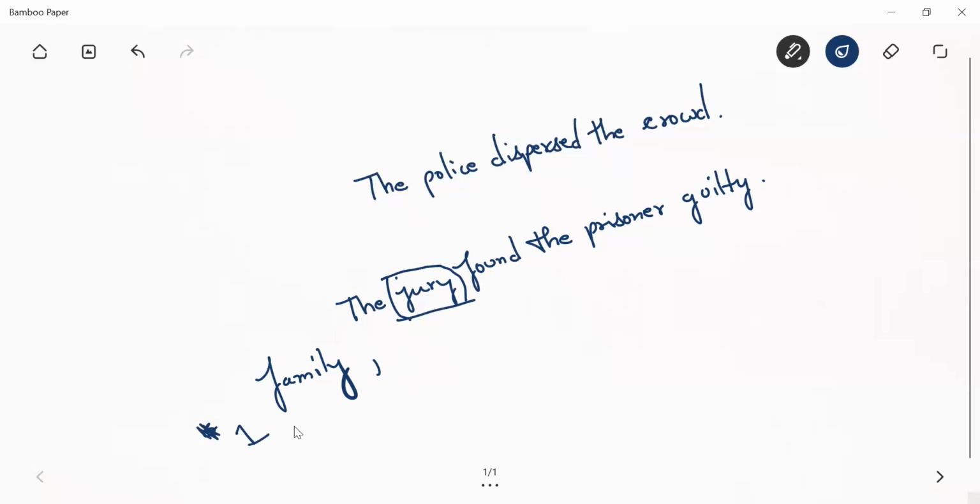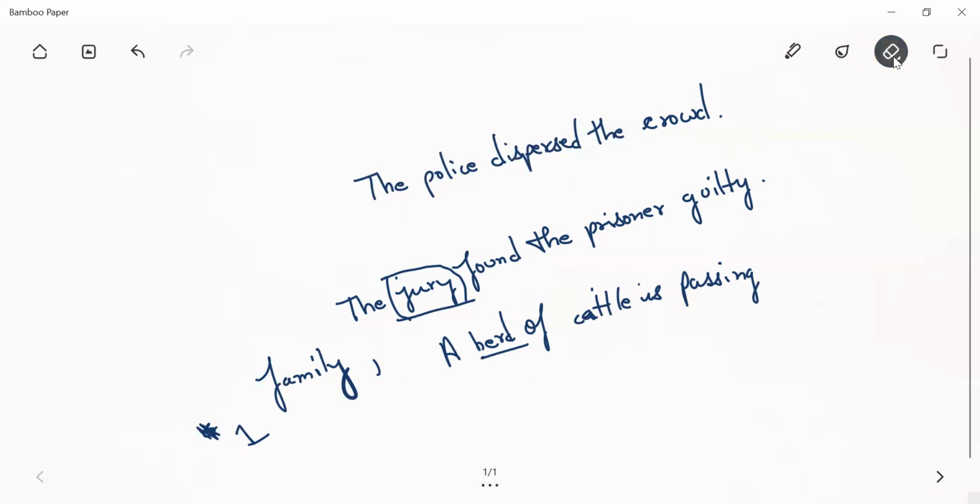No. We do not say family unless there are some members. Then a herd. A herd of cattle is passing. Over here, herd. I'm just teaching you the concept right now.